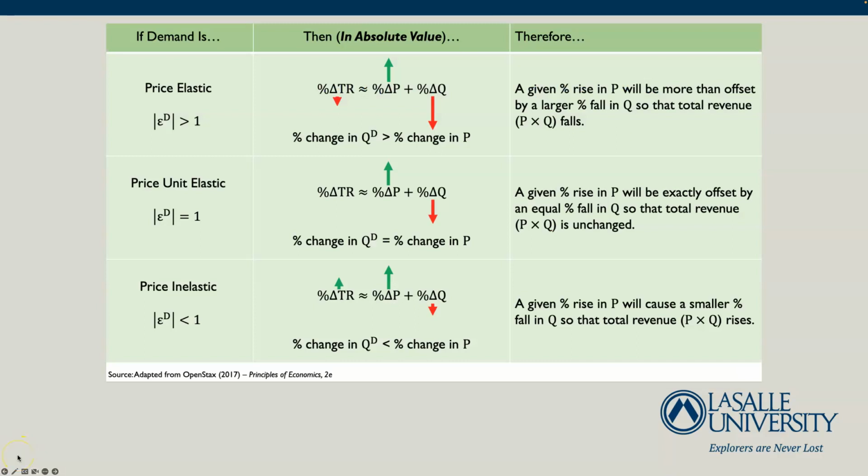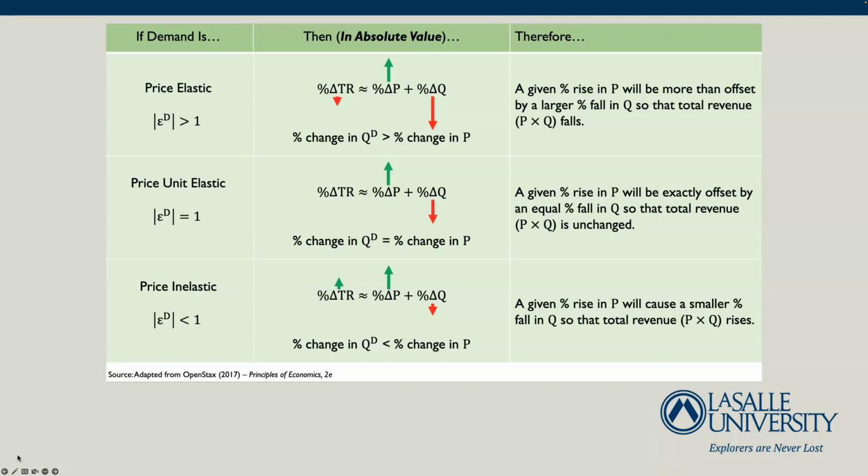Now let's consider all possible cases for how a price increase would affect quantity demanded and consequently total revenue. We have 3 different cases, one in which demand is price elastic, another in which demand is price unit elastic, and lastly, when demand is price inelastic.